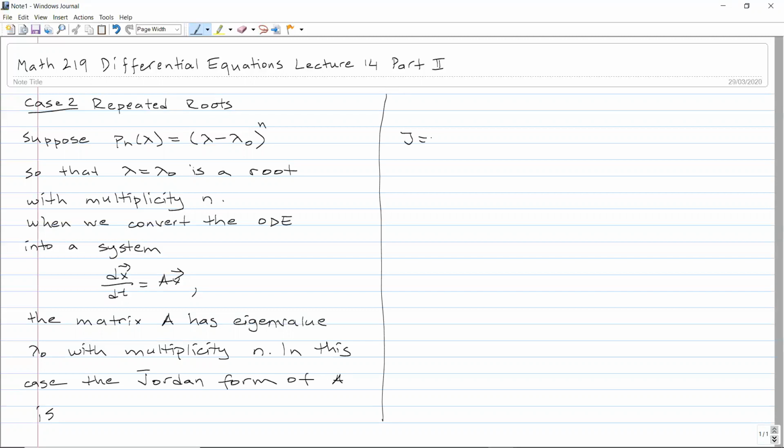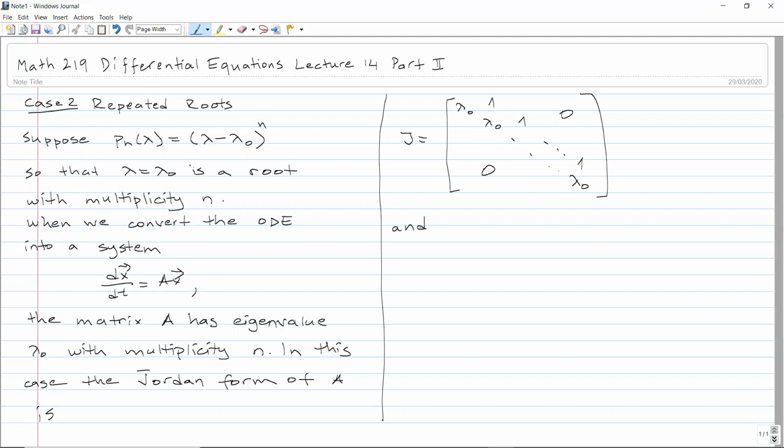Remember, when we consider systems. In the Jordan form, we have the same number on the diagonal, and in the diagonal above the main diagonal, we have ones and other entries are 0.